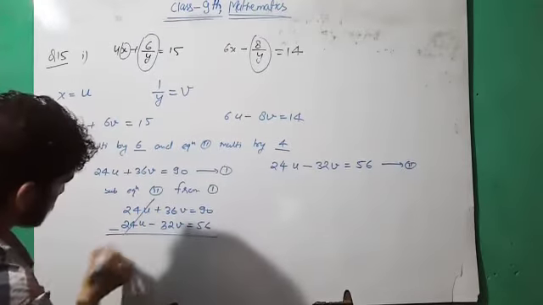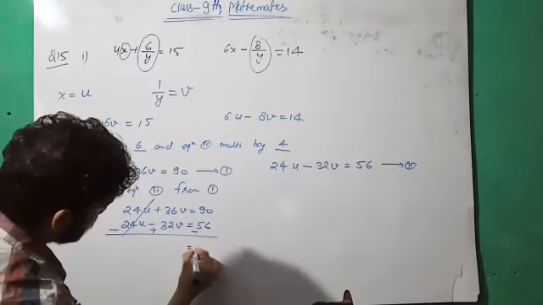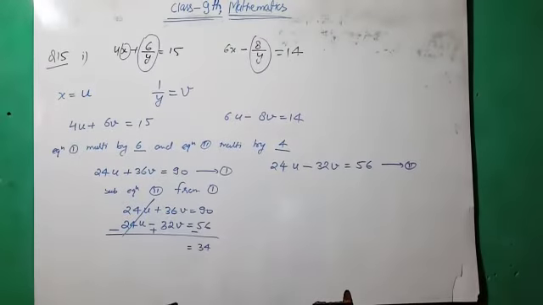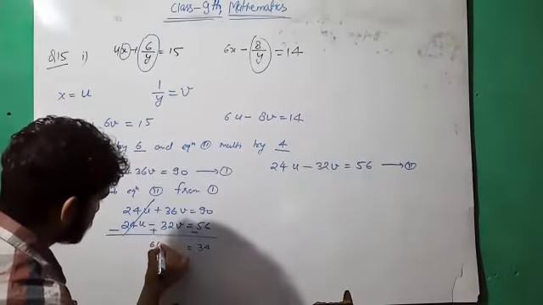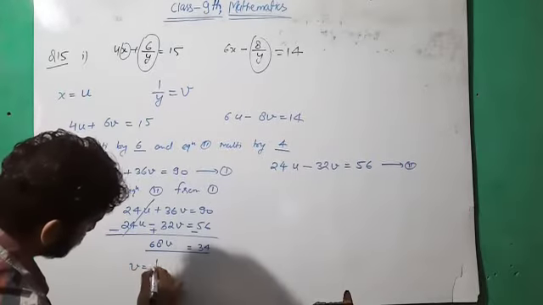Subtract, and 24u cancels out. Minus, plus, minus: 36 plus 32 is 68v, and 90 minus 56 is 34. So 68v equal to 34, so v equal to 1 by 2.